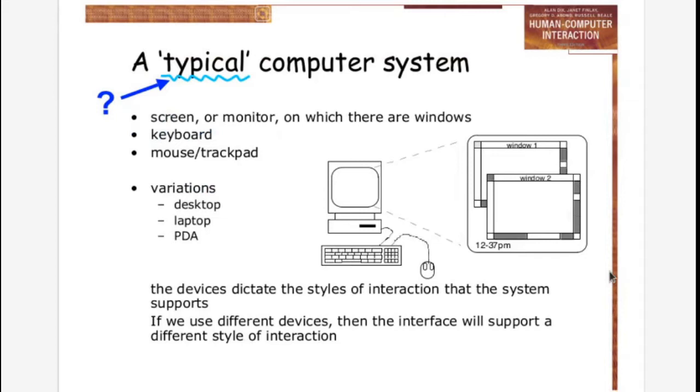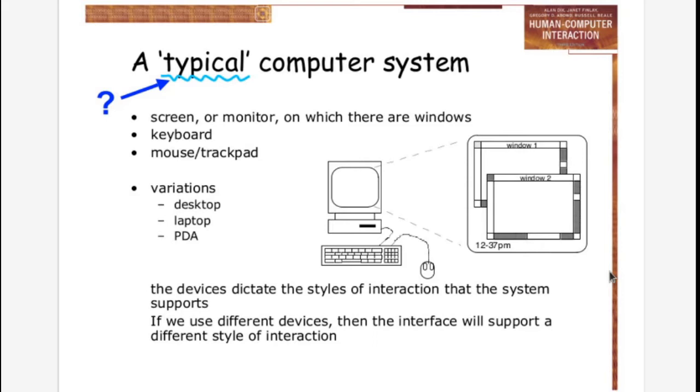Typical means when there is a screen, monitor, keyboard, mouse, or instead of a mouse there is a trackpad, and the computer has variations. It can be a desktop computer, personal computer, a laptop, or a personal digital assistant.